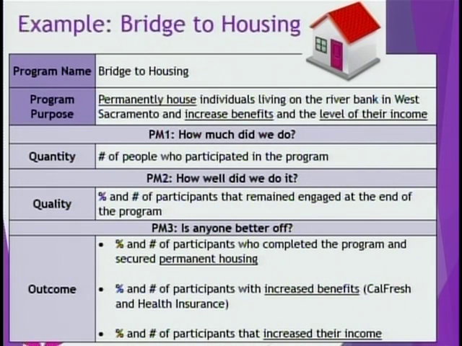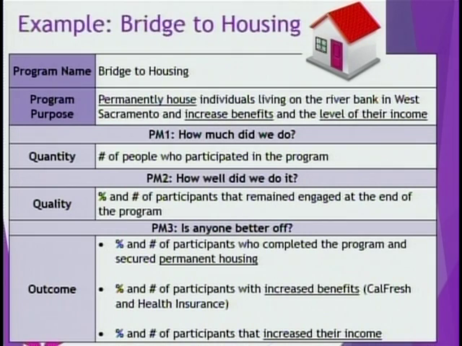So since there are 3 purpose outcomes they want, there's going to be 3 outcome measures to measure that. So they're going to look at the percent and number of participants who completed the program and secured permanent housing. So that's one outcome. They'll also look at the number and percent of participants with increased benefits and the number and percent of participants that increase their income. So they'll have 3 outcomes.